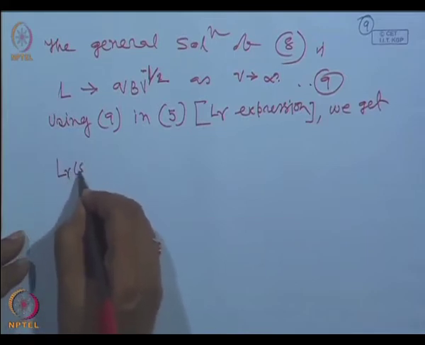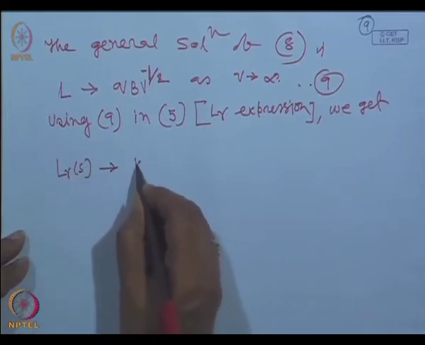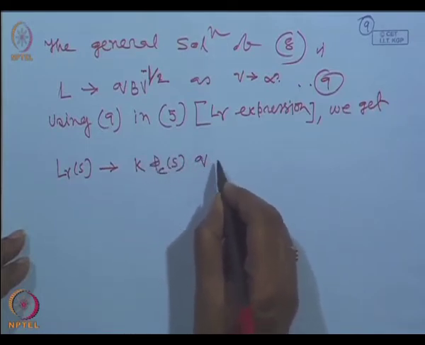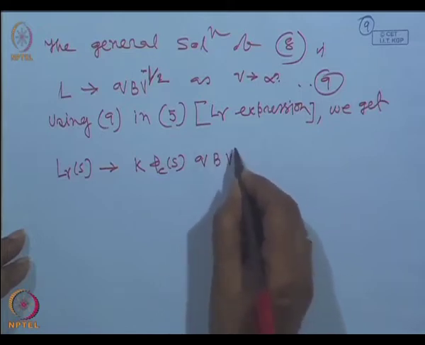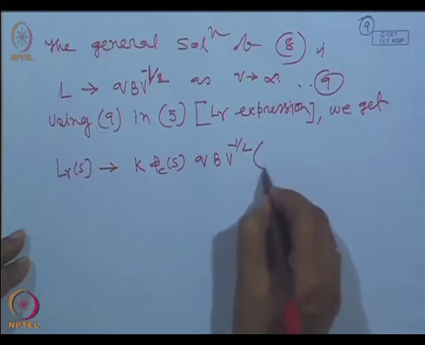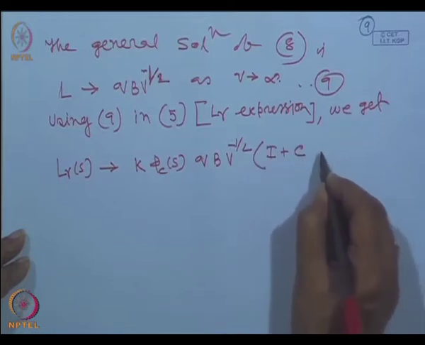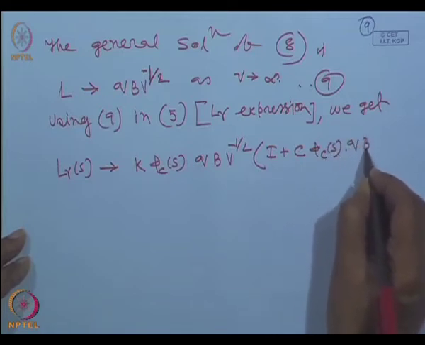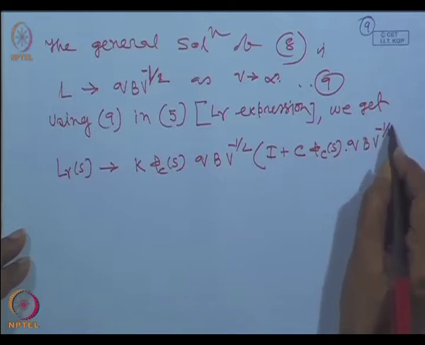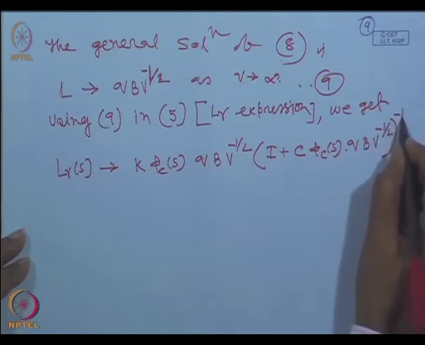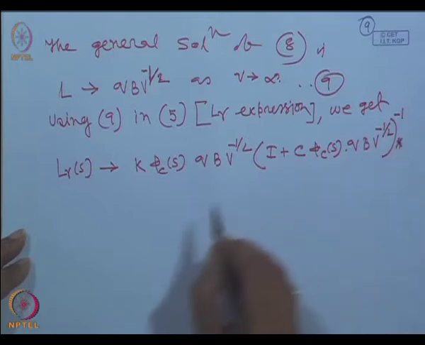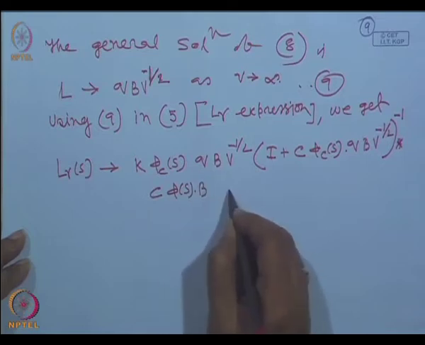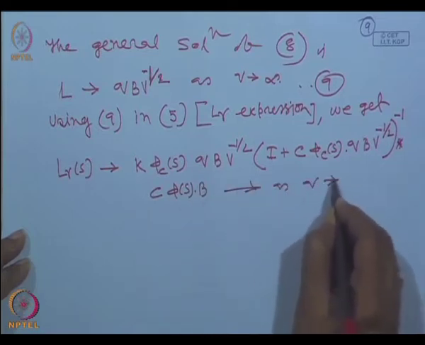LR of S is equal to K phi C of S. In place of L I am writing q B V minus half, then bracket I plus C phi C of S q B V minus half whole inverse, then multiplied by C phi of S B as q tends to infinity.